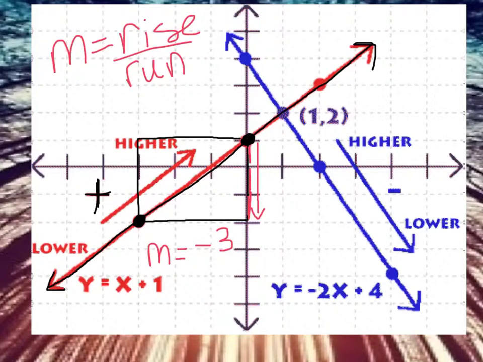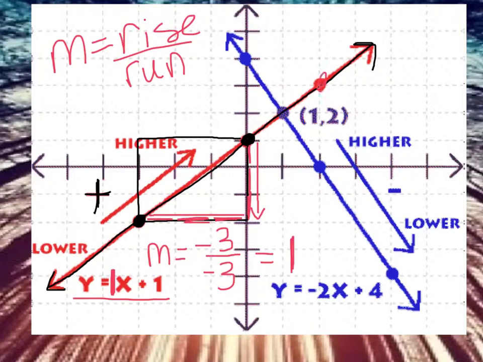And then I'm going to run to the left, 1, 2, 3, which is also -3. And -3 divided by -3 equals +1. And as you can see in my line here, my slope is always next to x, and it has a +1 as a slope.